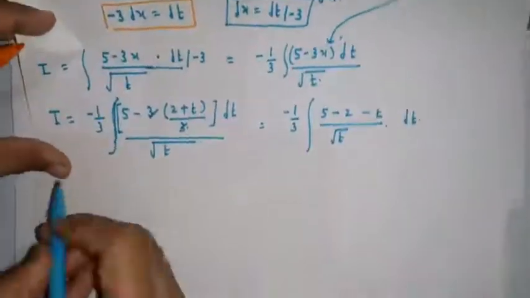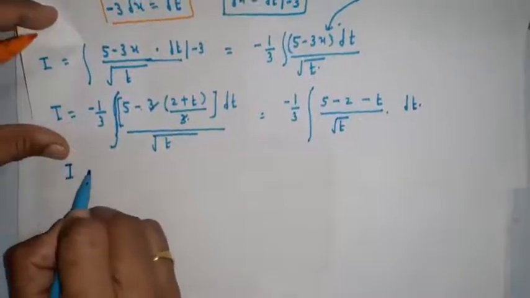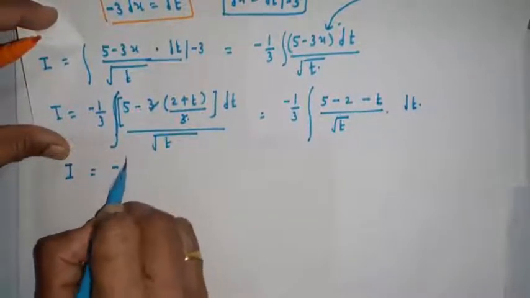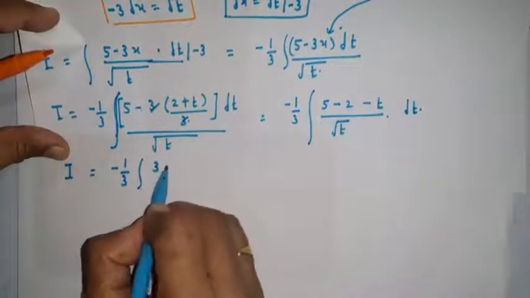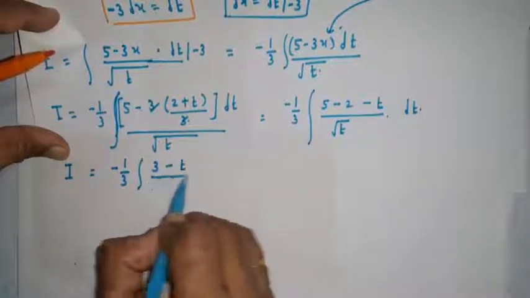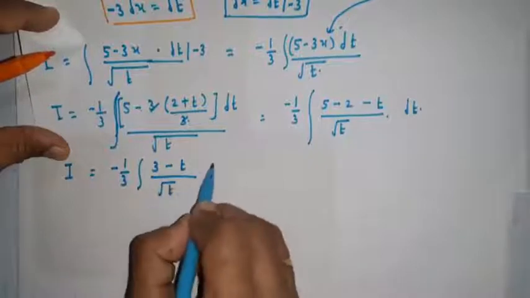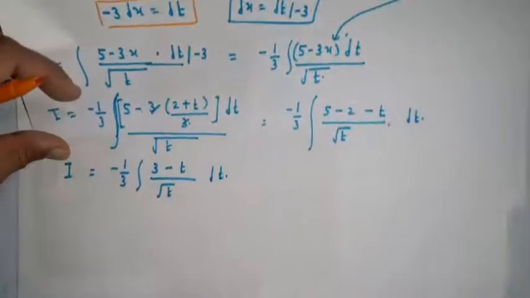Okay, and hence the integration I equals minus 1 by 3 as a constant, 5 minus 2 is 3, minus t upon square root of t with respect to t.